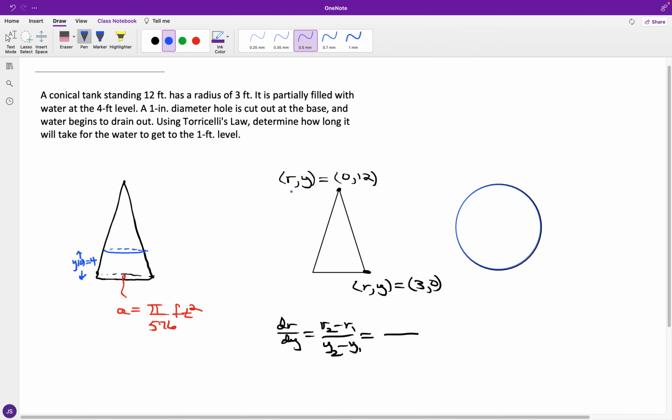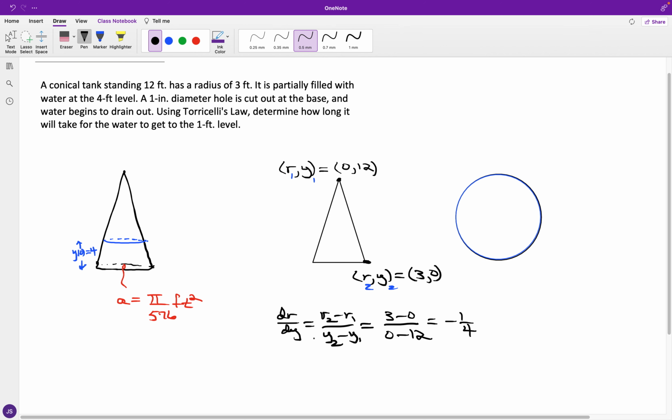Just assigning r sub 1, y sub 1 at 0, 12 and r sub 2, y sub 2 at 3, 0, for r sub 2 minus r sub 1 you have 3 minus 0, for y sub 2 minus y sub 1 we have 0 minus 12, and 3 over negative 12 reduces to negative 1/4.